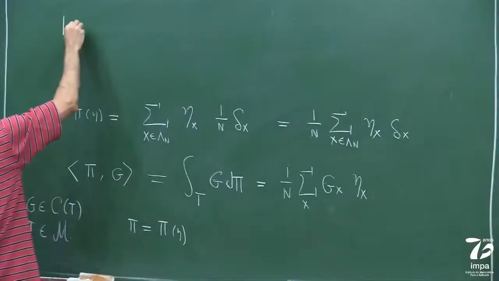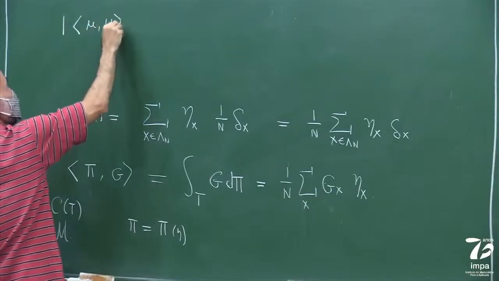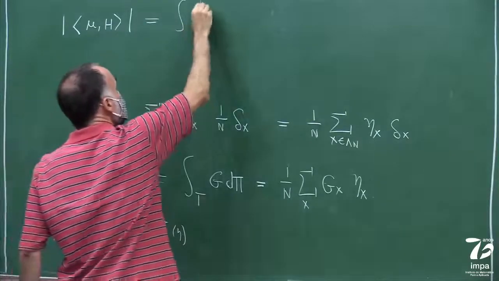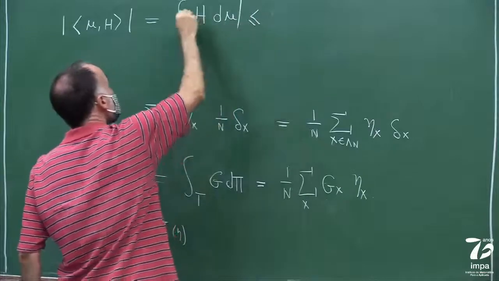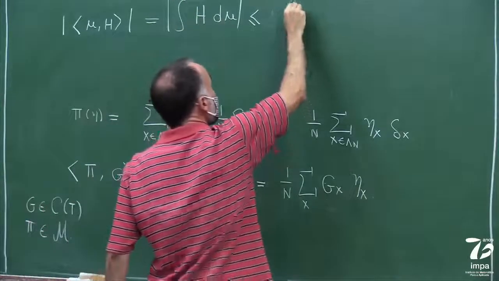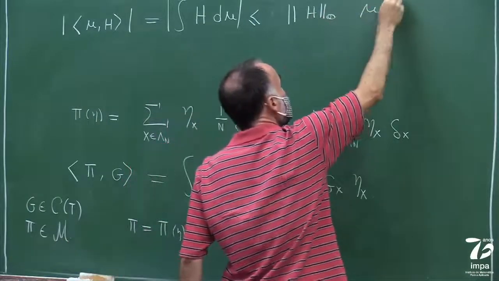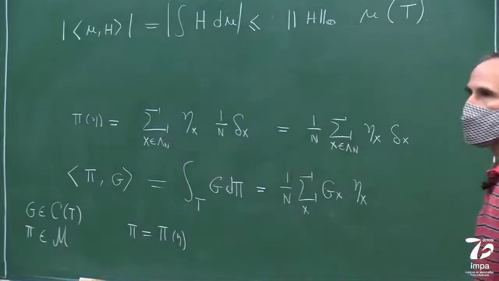So I can always bound mu h, which is the integral of h with respect to d mu, by the L infinity norm of h times mu of the torus.